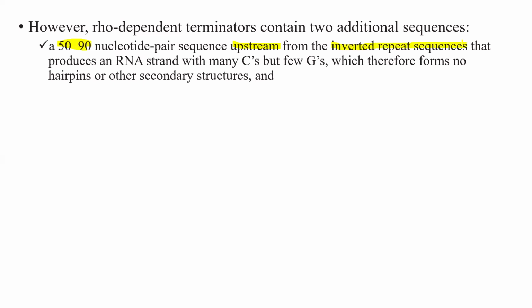And this 50 to 90 nucleotide sequence not only is upstream from the inverted repeat, but produces an RNA strand with many cytosines, but very few guanines, which forms no hairpin or other secondary structure. So when I said no hairpin or other secondary structure, just now we said a hairpin structure is formed in the rho-dependent mechanism. We mean that there is no hairpin in this region, which is that 50 to 90 nucleotide sequence.